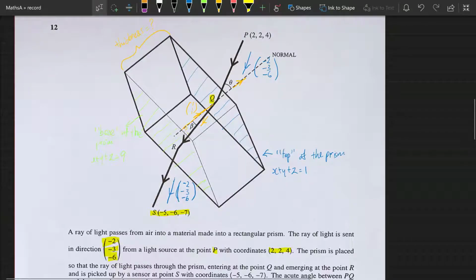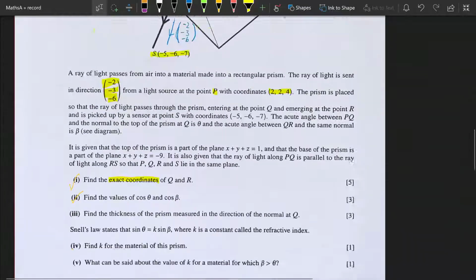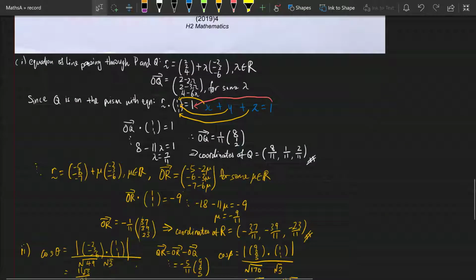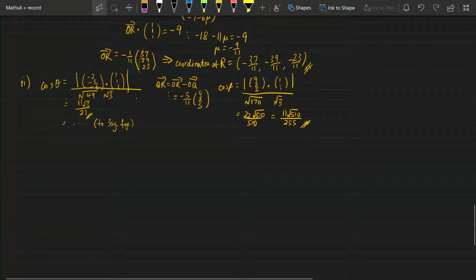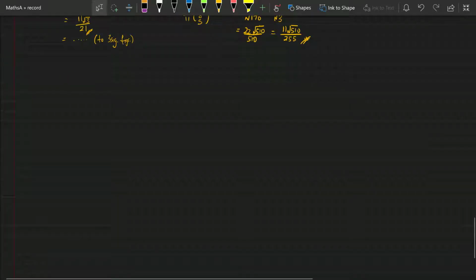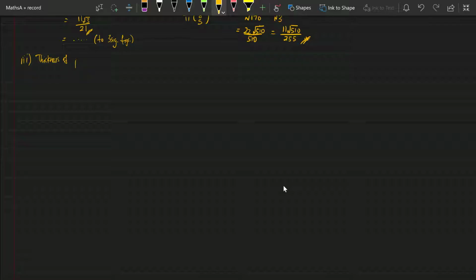This is the length of projection of QR onto the normal vector 1, 1, 1. Now that we know this, it's not so intimidating anymore. Okay? Part 3. Essentially, the thickness of the prism is the length of projection. So how do we do the length of projection?